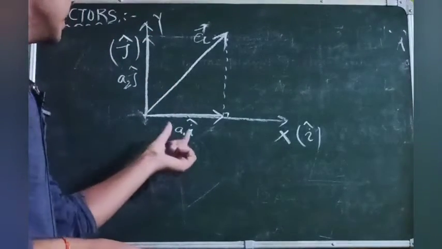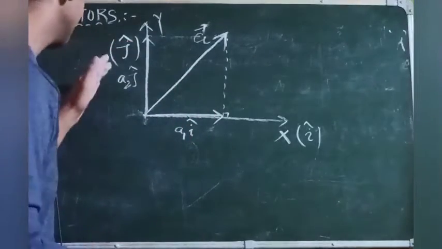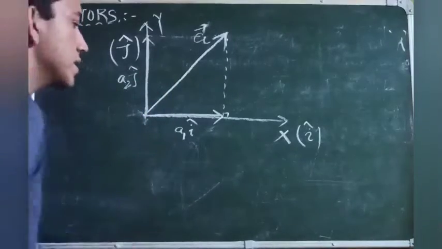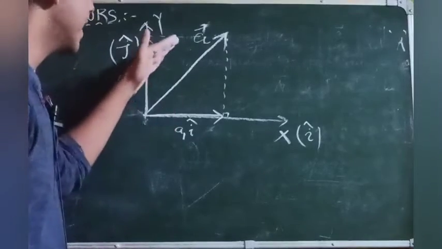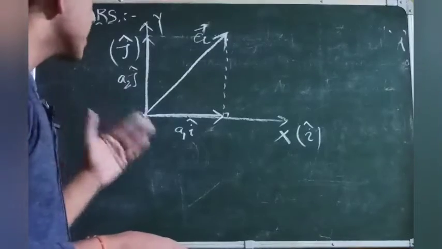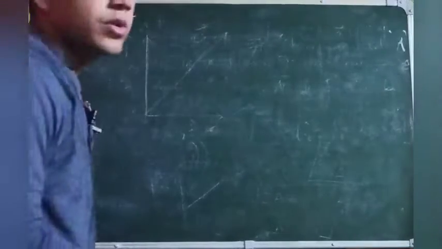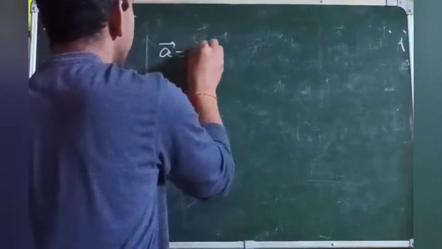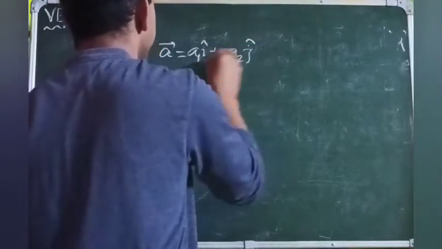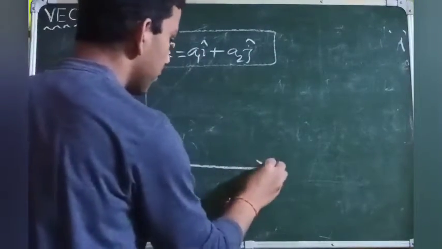Then a1 is called the x component of this a vector and a2 is called the y component of this a vector, or a1 i cap is basically the projection vector of a vector in the direction of x-axis, and a2 j cap is the projection vector of a vector in the direction of y-axis. Therefore, we can write a vector is equal to a1 i cap plus a2 j cap. Let's draw that diagram once more.